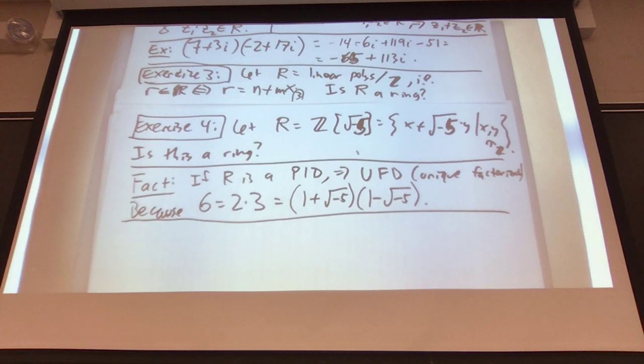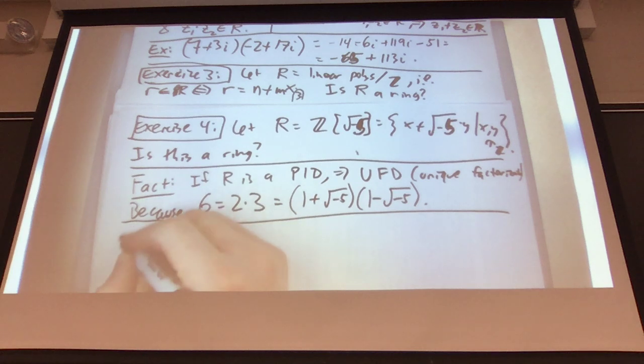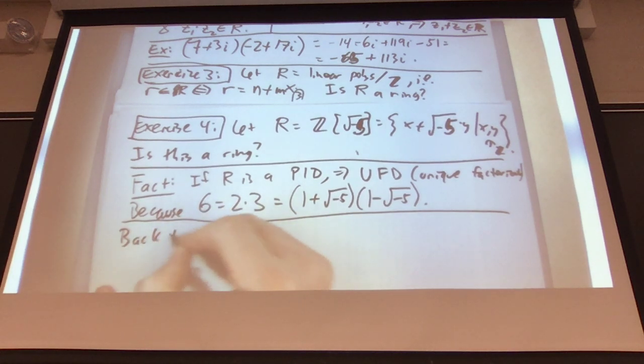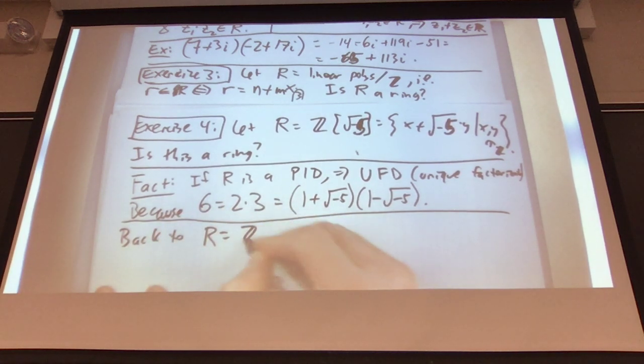Can we go back to the Gaussian integers, so back to R equals Z adjoin i, the Gaussian integers. Do we have a division algorithm? The thing that made everything go in the integers was the Euclidean algorithm, and we got the Euclidean algorithm because we had a division algorithm.